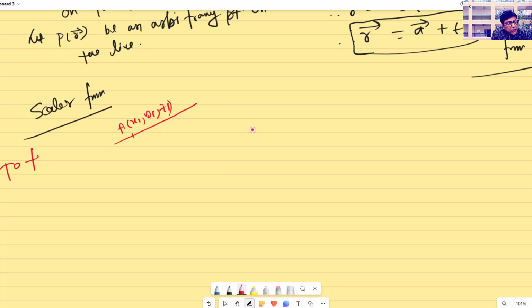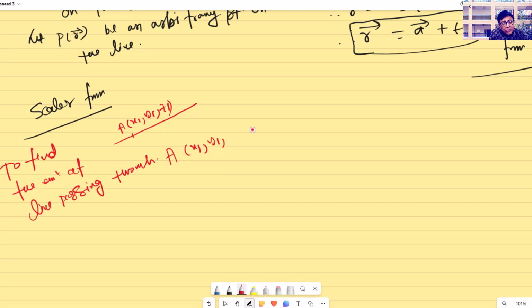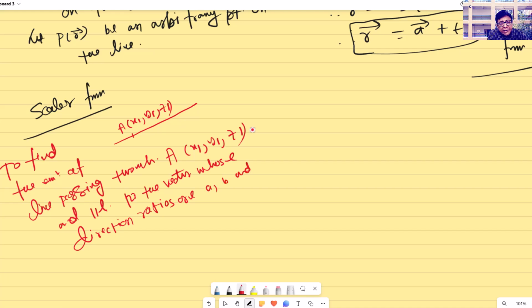So state first, to find the equation of line passing through the point x1, y1, z1 and parallel to the vector whose direction ratios are A, B and C. Okay, or the line itself will be directed in such a way that direction ratios of the line, we have explained direction ratios of vector or a line.